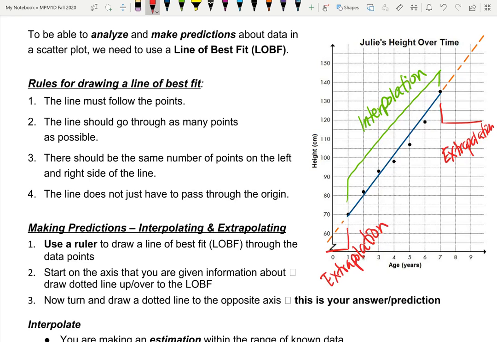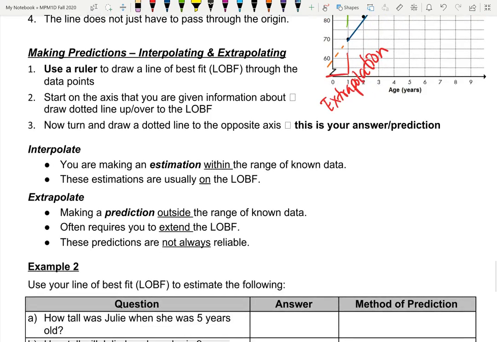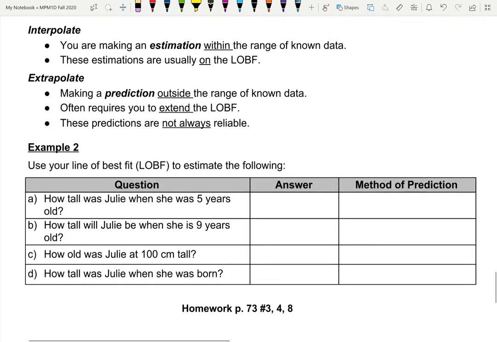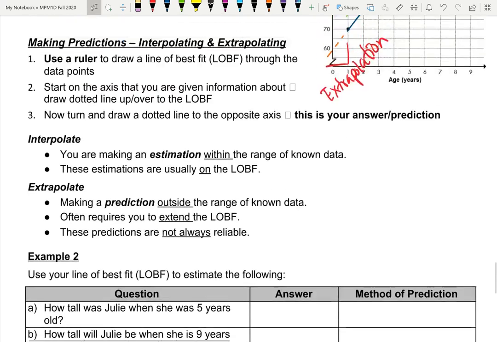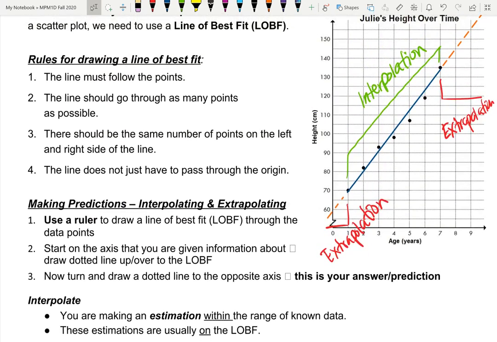Let's practice making predictions using interpolation and extrapolation. How tall was Julie when she was 5? Again, we're making predictions using our line of best fit. At age 5, which is right here, I'm going to follow the grid line to where my line of best fit is. Then I'm going to read across to what the y value would be at that point.